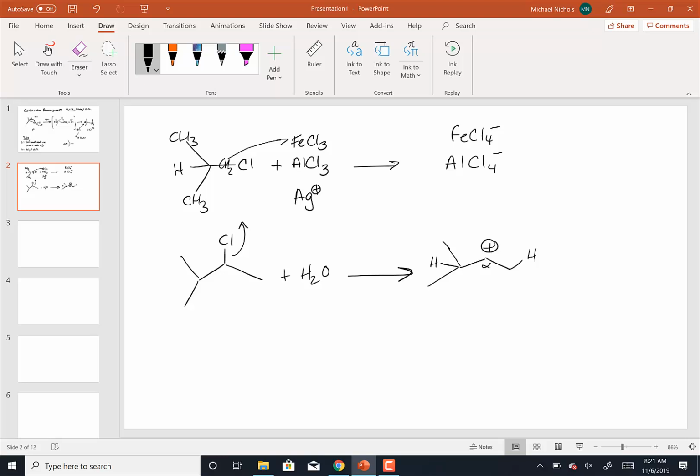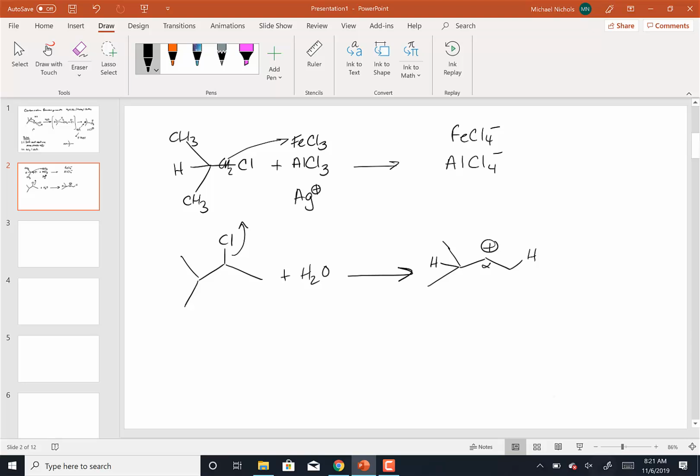And so I look and I say, well, which hydrogen am I going to lose? The one on the left or the one on the right? And it's going to be the one on the left. I'm going to lose the one on the left because if I lose the one on the right, I make a primary carbocation, which is number 1 forbidden and number 2 not more stable.